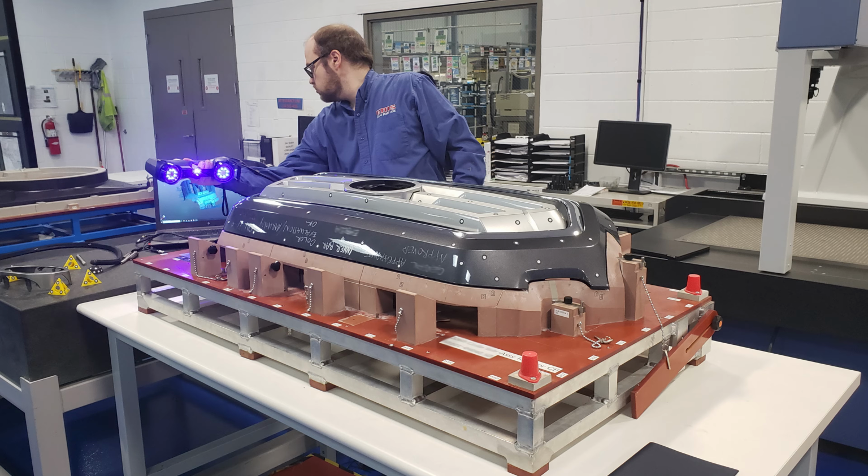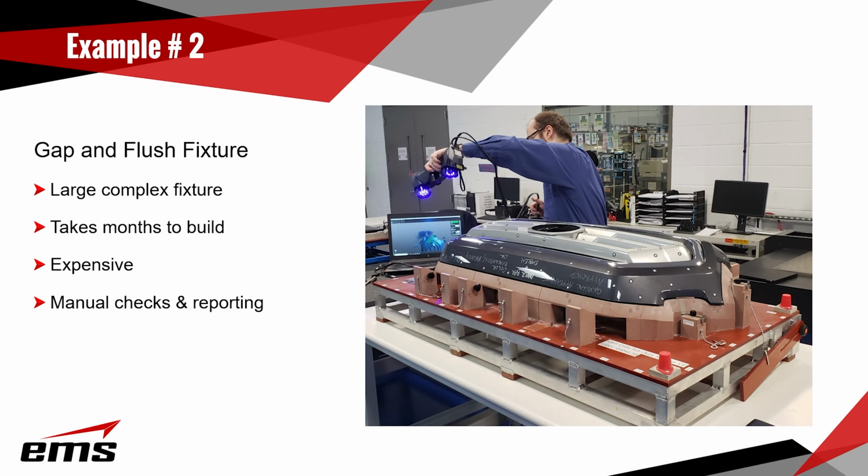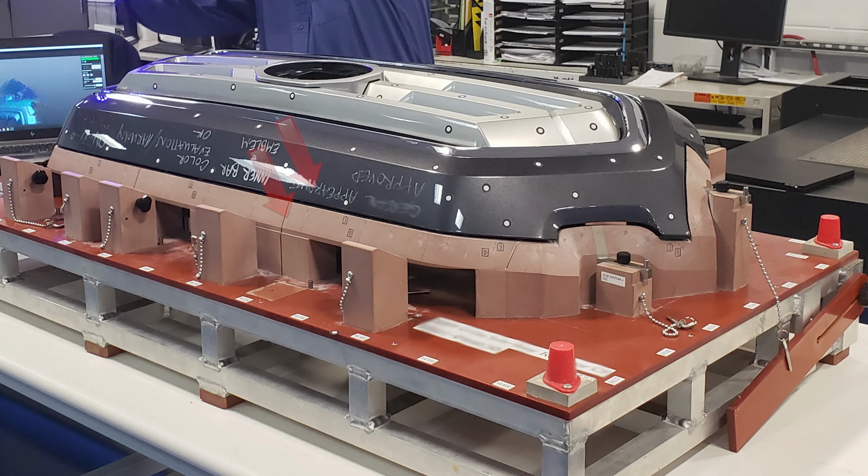And then they also do a flush check, and flush is where one panel transitions over that gap to the next panel. You want that to be smooth or flush. You wouldn't want to run your hand over there and hit the other panel because it's raised or maybe it's low. You want that to be nice and smooth, assuming that's the design intent.